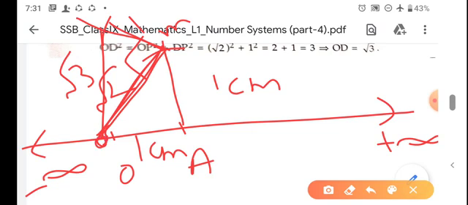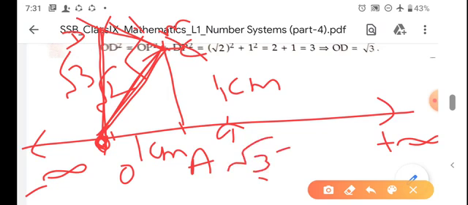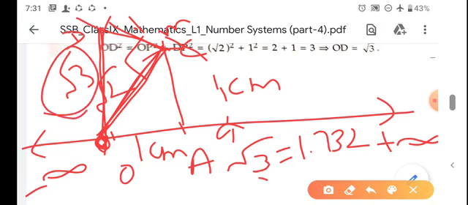Now filling the distance OD and drawing an arc, you will get root 3. Root 3's value is 1.732, so it again lies between 1 and 2. You can measure it by ruler also. So for preparing root 3, you have to prepare root 2.